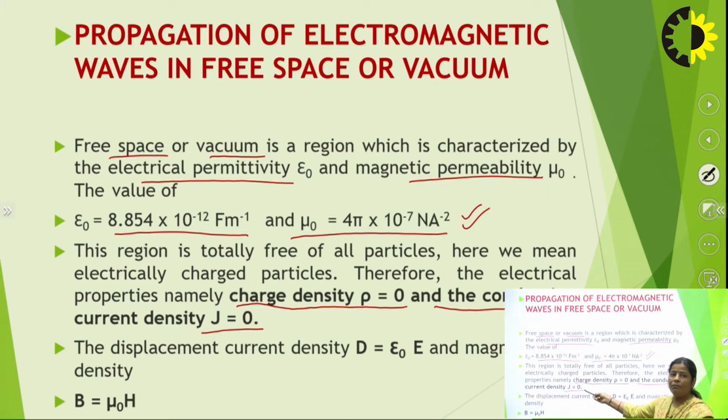So these will define the free space or the vacuum completely. How do we define it? By these two parameters, the charge density and the conduction current density J.